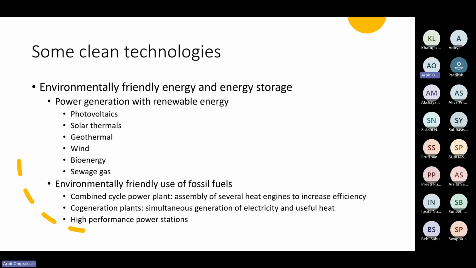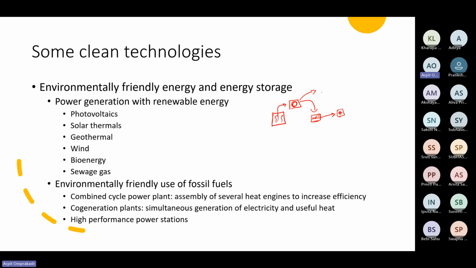An environmentally friendly use of fossil fuels, such as a combined cycle power plant, where basically instead of having only one turbine, you have multiple turbines. So, for example, let's say you are using coal to heat up water, and you're basically heating up water here and sending it to a turbine room here. What you do is, whatever steam is left out of here, you put it into another vessel of water, which also induces boiling. Then you put the steam into another turbine, right?